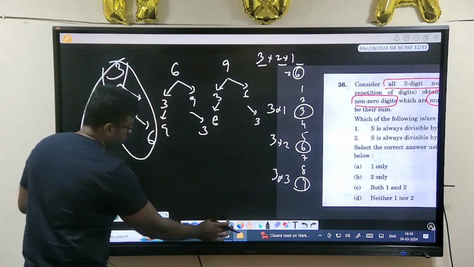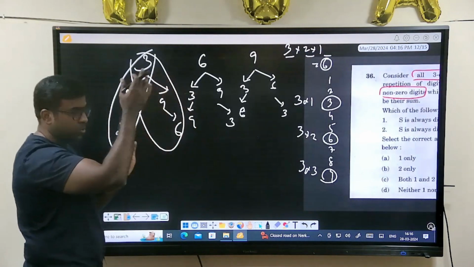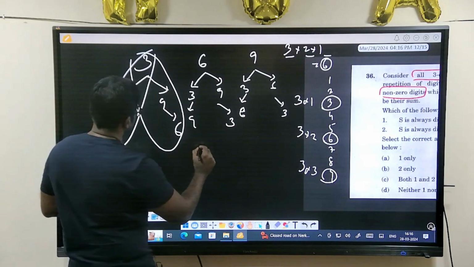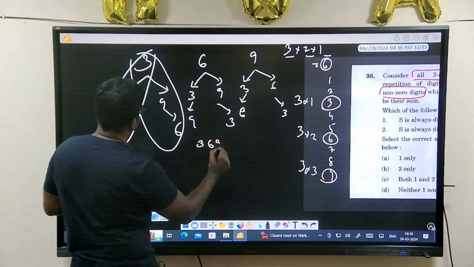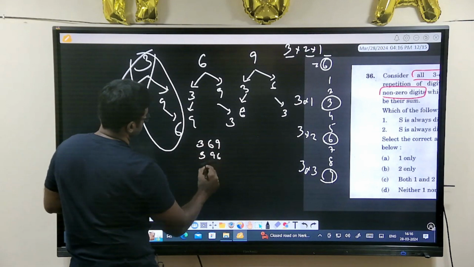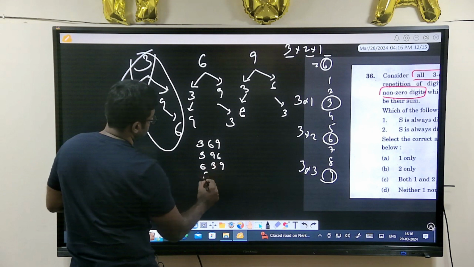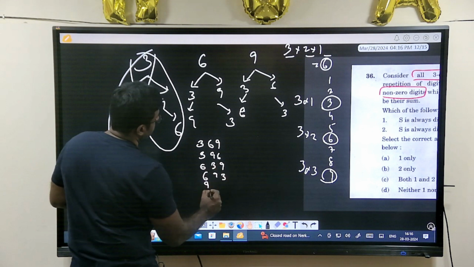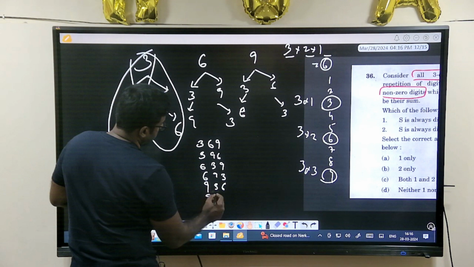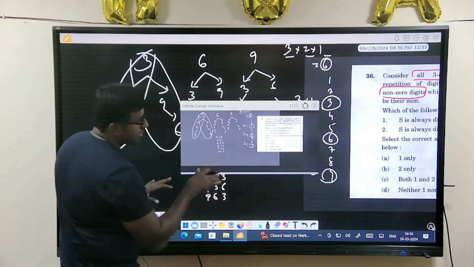Similarly, the tree which I showed in the previous question. Now you add these: 6, 3, 6, 9, 3, 9, 6, 6, 3, 9, 6, 9, 3, 936, 963. You add them, okay?